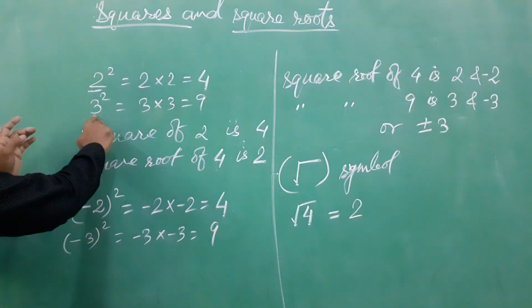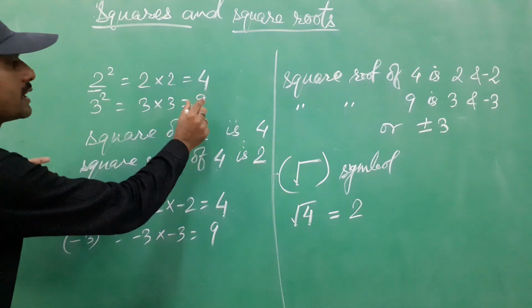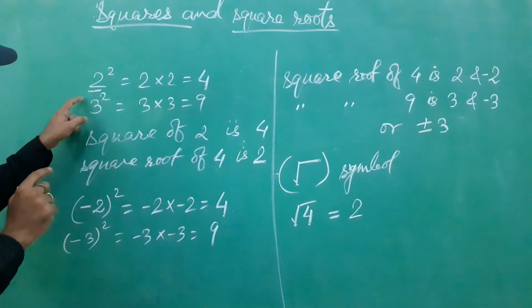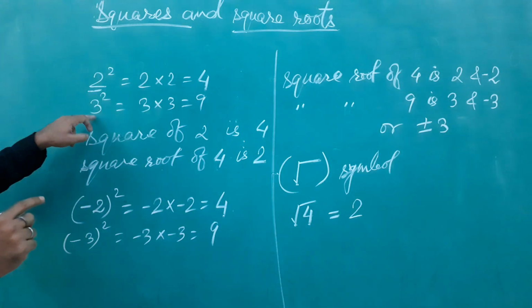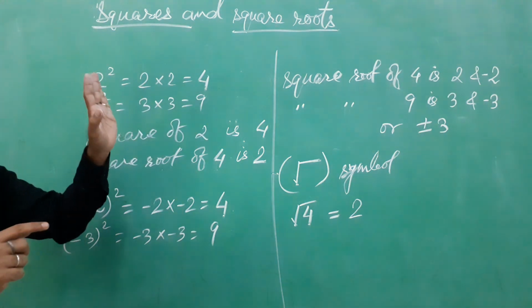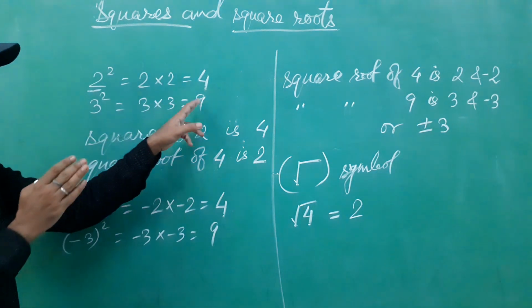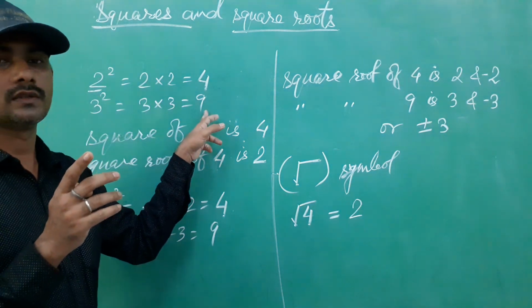As here 3 square is 9, so square root of 9 is 3. In this way we are finding the square root of a perfect square.